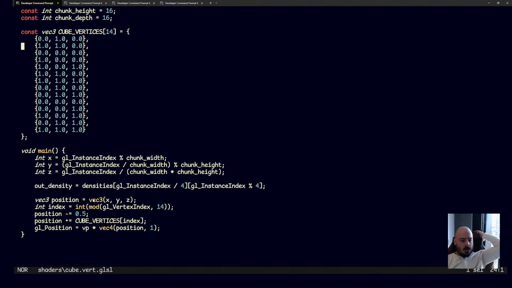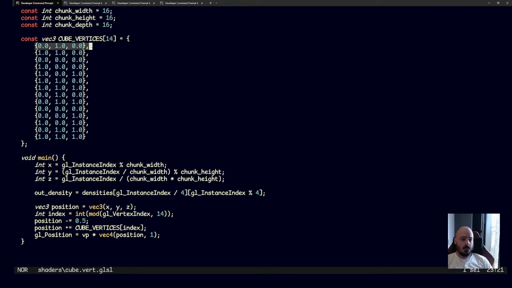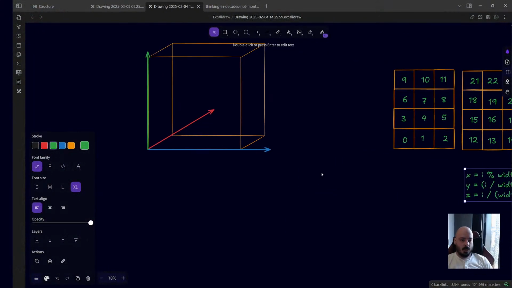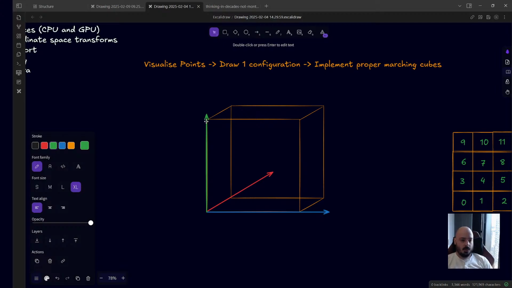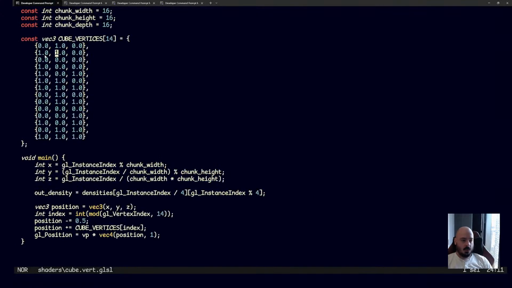Let me think. So if we want to scale up a cube or scale down a cube, we're going over each vertex in order. So first we have this vertex, which is the top. Where's that cube that I had? So let's say we have this one first, and we want to scale the cube. So we kind of want this to be down a bit. Okay, that's fair enough. But then the next vertex is the X and Y, let's say.